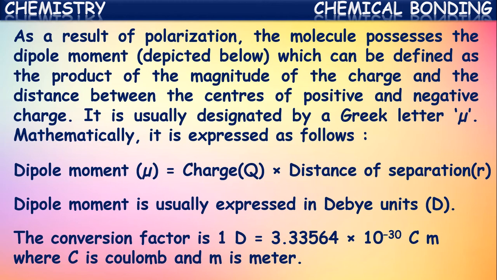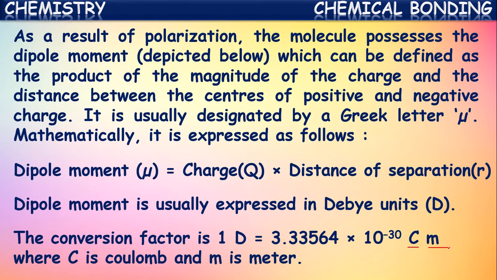Of course, it can be converted into Coulomb meters by using this unit conversion. The conversion factor: 1 debye is equal to 3.33564 times 10 to the power of minus 30 Coulomb meter. Here C represents Coulomb and m represents meter.